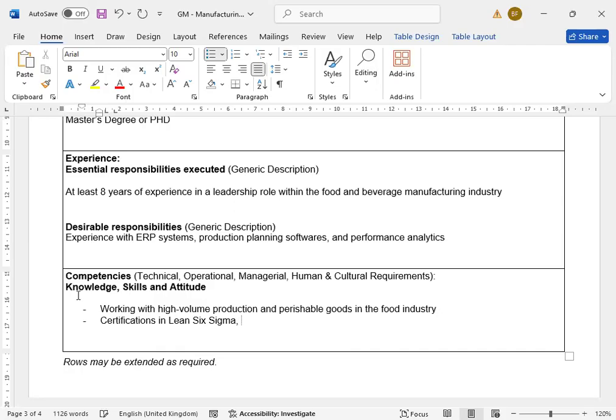Then PMP. These are something about project management. You know, project management is part of the CI, continuous improvement, or food safety standards.